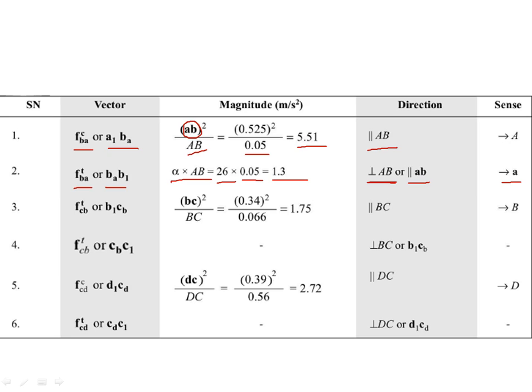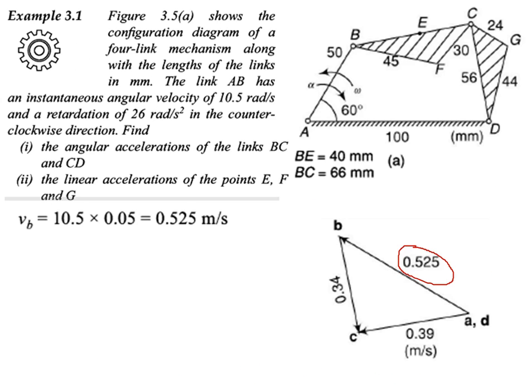Next, FTCB. Now the tangential component for CB, that is B1 to CB, will be equal to small bc square, that is the velocity of BC squared, divided by the length of the link BC. How much did you get for BC?